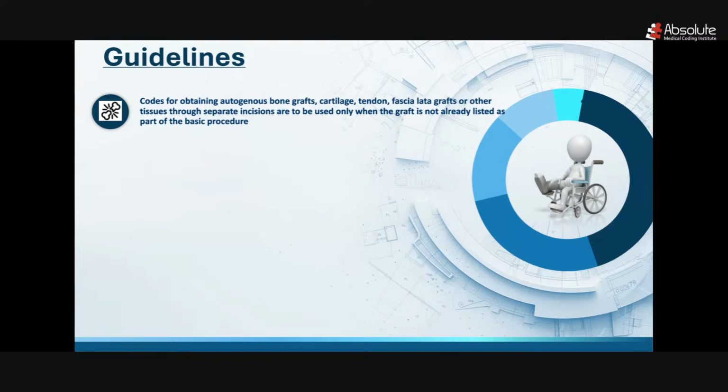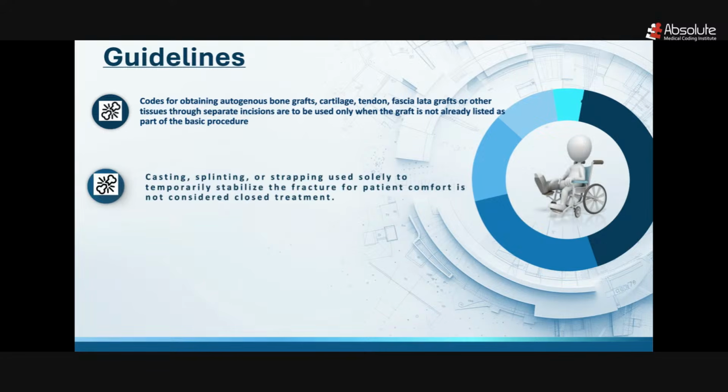So always carefully have a look into the code language, whether these grafting procedures are included or not. Okay, next one. If a cast, splint, or strapping is applied only to temporarily stabilize a fracture for patient comfort, it does not count as a closed treatment, and you should not, in such scenarios, code for a closed fracture treatment.